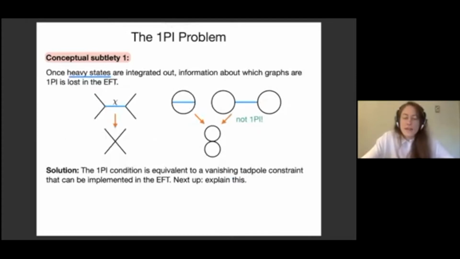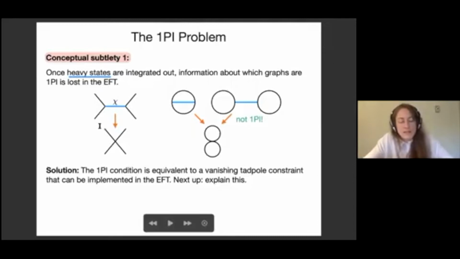However, once I integrate out the heavy states, here the chi, the simple point is that information about which graphs are 1PI is lost in the EFT. So for example, I can look at this 4-point function with the heavy chi line in the middle, and this matches onto the 4-point vertex here in the EFT.